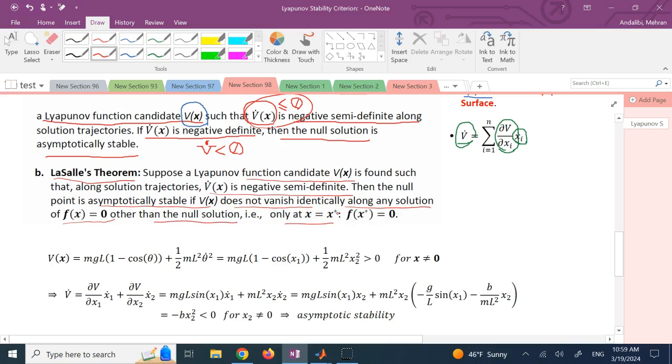So as long as this V dot doesn't become 0 for any x other than the solution, even if V dot is negative or equal to 0, less than or equal to 0, still the system is what? Asymptotically stable.